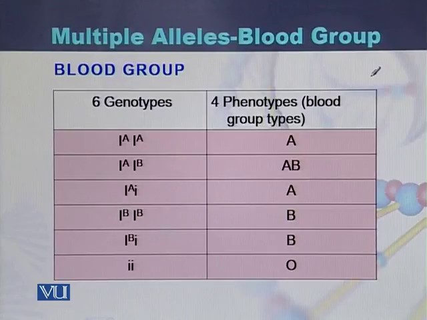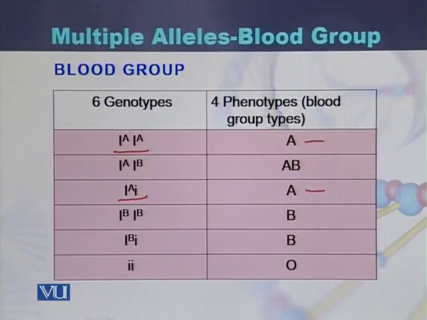In case of genotype A and A, meaning both the alleles are A, that is in the form of homozygous, then the blood group will be A. It can be in the form of homozygous and it can be in the form of heterozygous. So this is the example of heterozygous. Here one is allele A while the other is allele O. So this is in heterozygous form, but the phenotype will be the same, that is A.